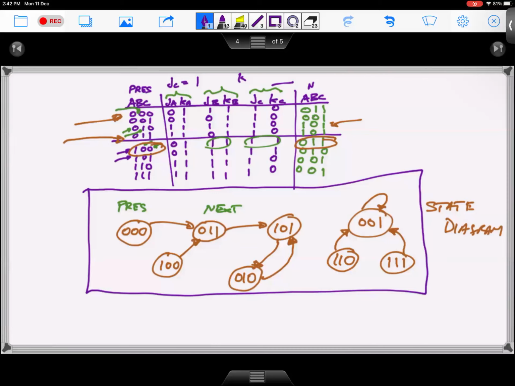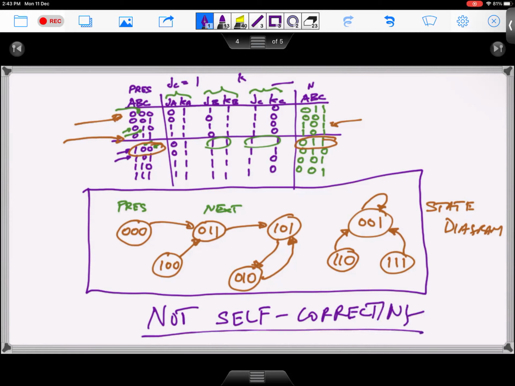Then the next question asks, is the device self-correcting? Well, clearly from your diagram, it is not. So in order to get that mark, you have to say not self-correcting. How do you know?